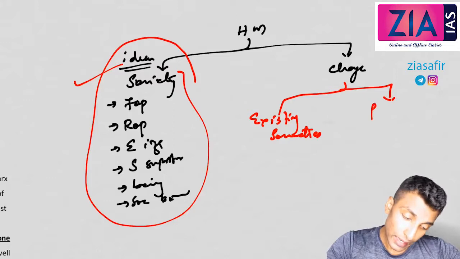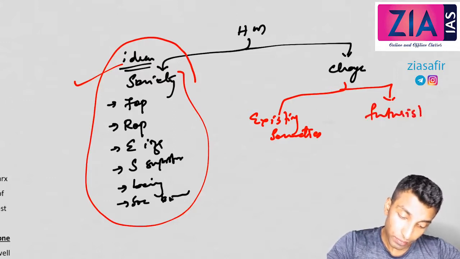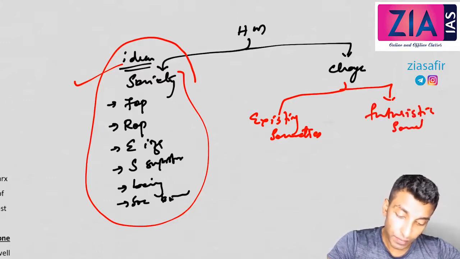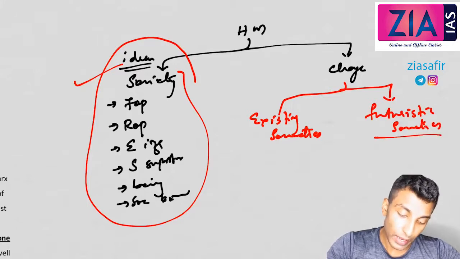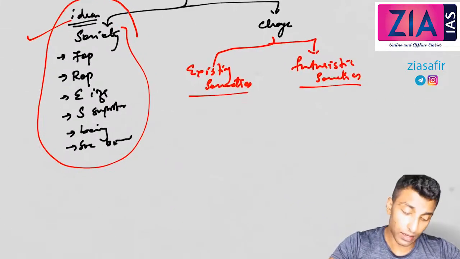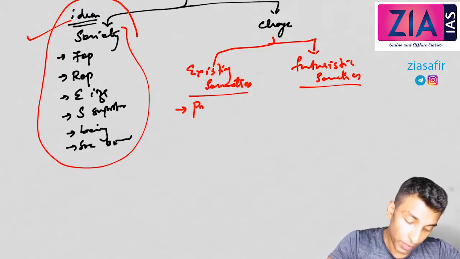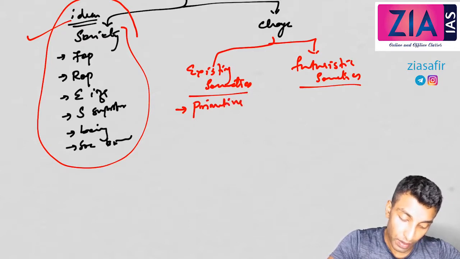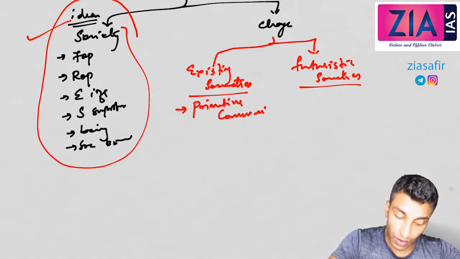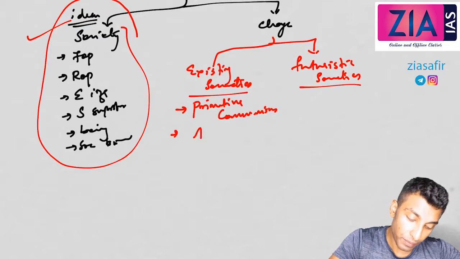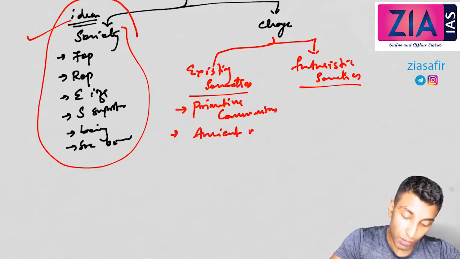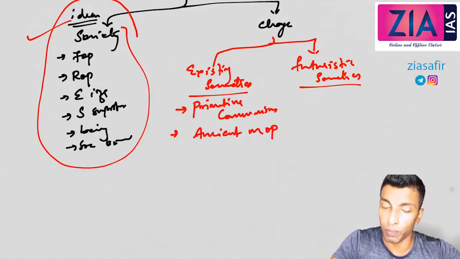So existing society and futuristic societies. Existing societies, understand here, Marx understood in four stages. Primitive communism, where everybody was equal, that is the first stage. Then ancient mode of production, I'm just writing MOP.